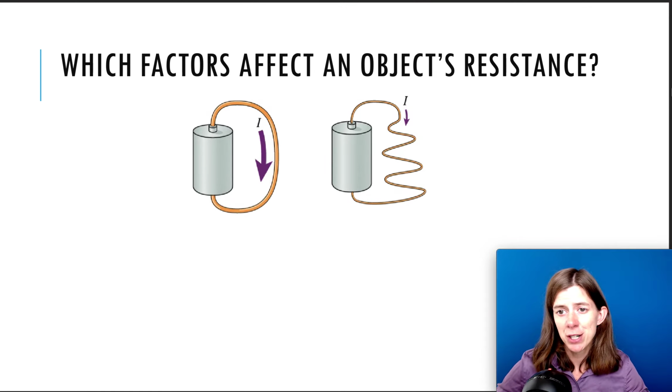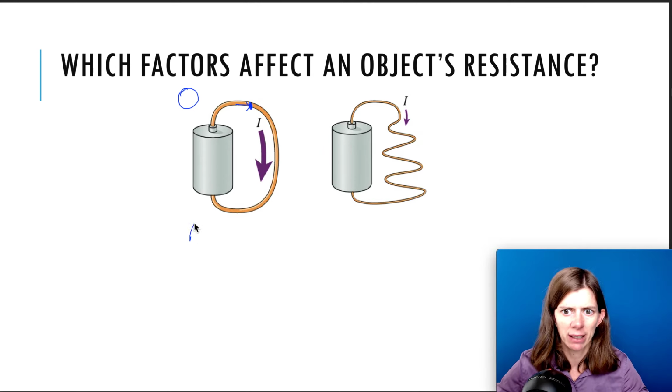So which factors affect an object's resistance? The first picture here shows a thick wire versus a thin one. So the cross-sectional area is going to affect the resistance. If you think about this wire here, the charges are flowing through this circular cross-sectional area.